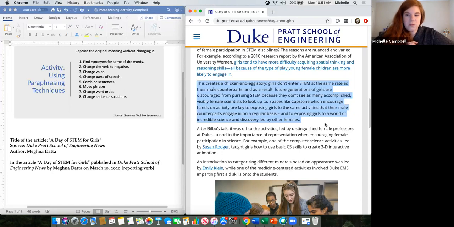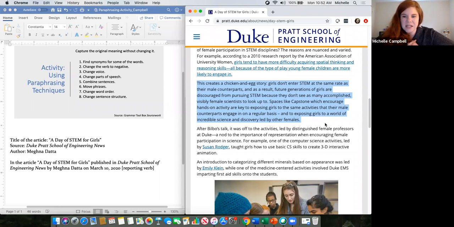So events like Capstone, that's discussed in this article, expose girls to some of these same activities. It says that their male counterparts engage in on a regular basis. So I'm assuming that's things like experimenting, working with maybe bugs or equipment or mechanical devices, things like that.